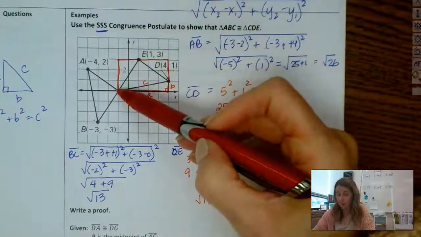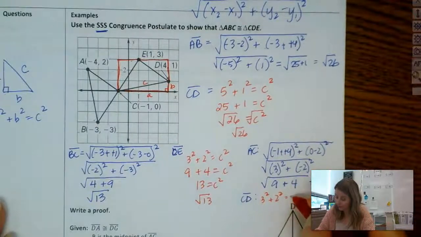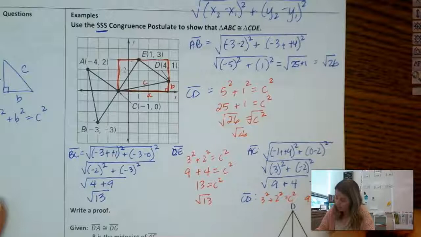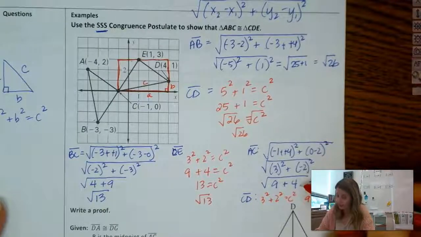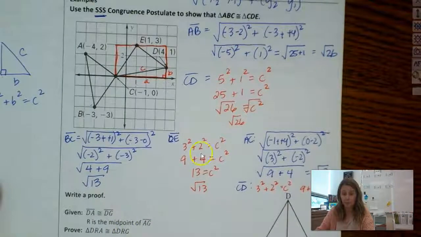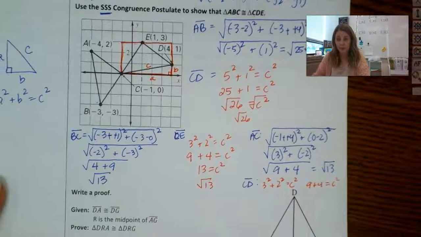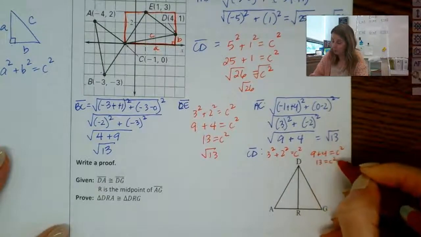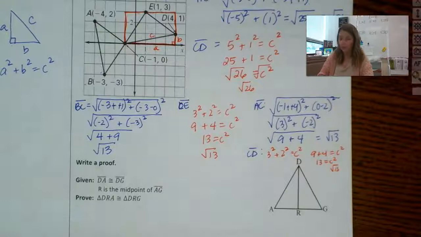And then I'm ultimately wanting to calculate the C value. So that's going to be 9 plus 4 equals C squared. And see how I'm getting the 9 plus 4 over here? Let me move this out of the way. So I'm getting that same 9 plus 4, so I'm getting 13, so square root of 13, okay?